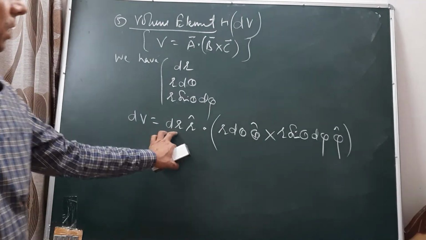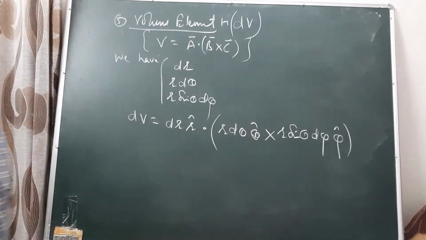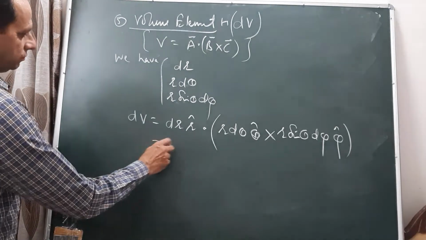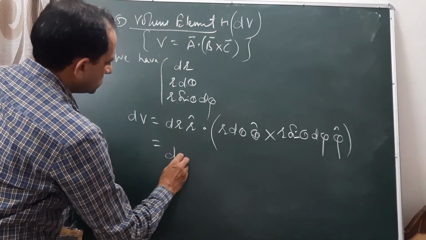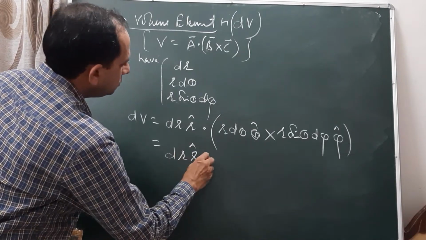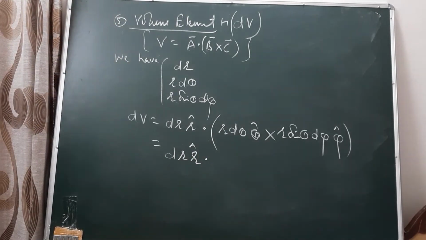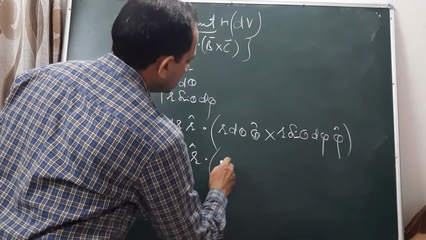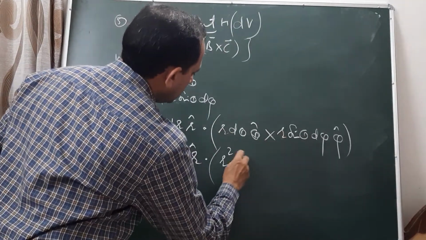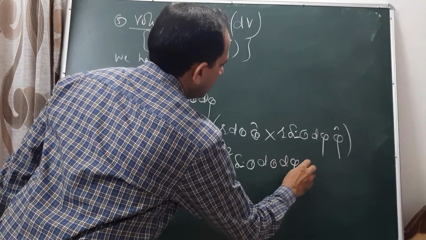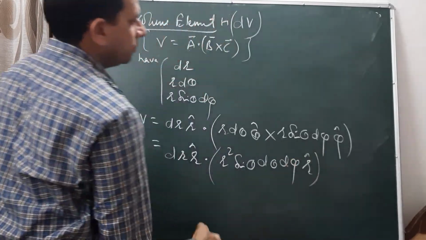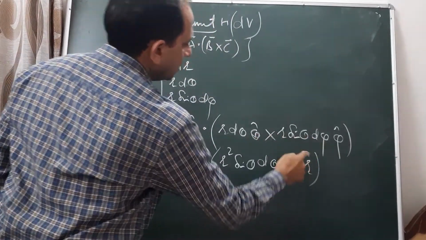This is A dot B cross C. So first of all, we will solve within the bracket, that is dr into r cap dot, this one is r square sin theta d phi into r cap, because theta cross phi is r cap.